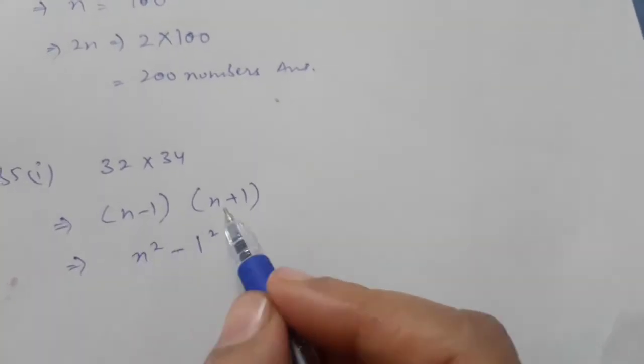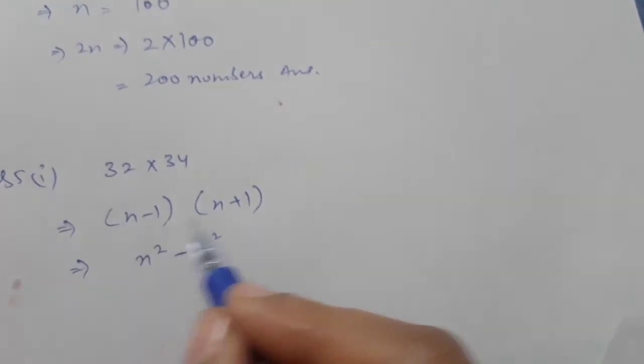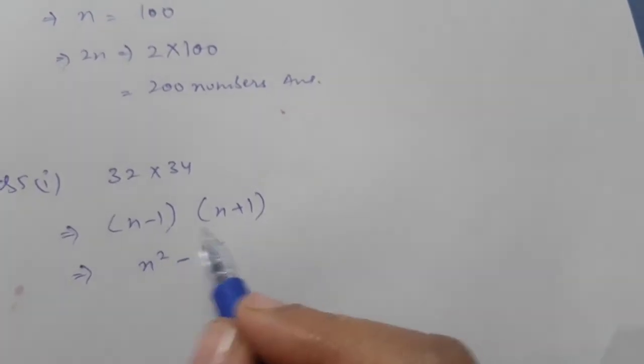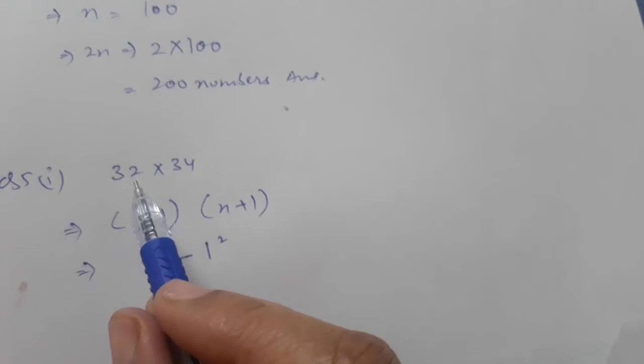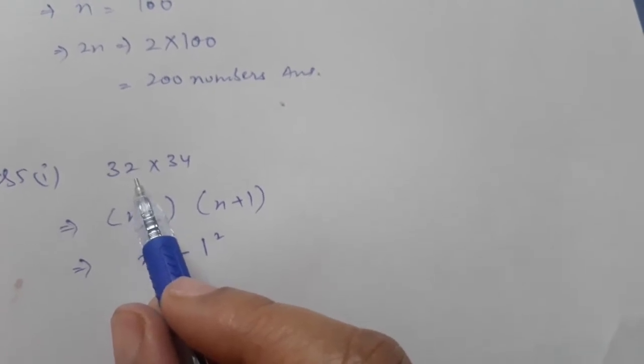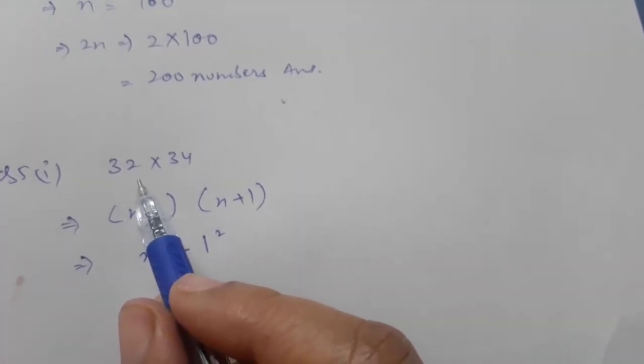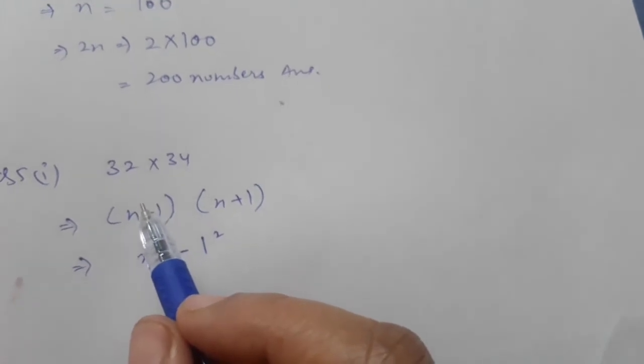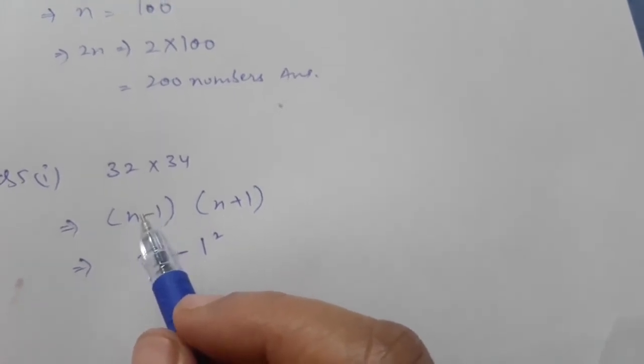So what do we take as n? We have to find that particular n by calculation. How do we find the number n?